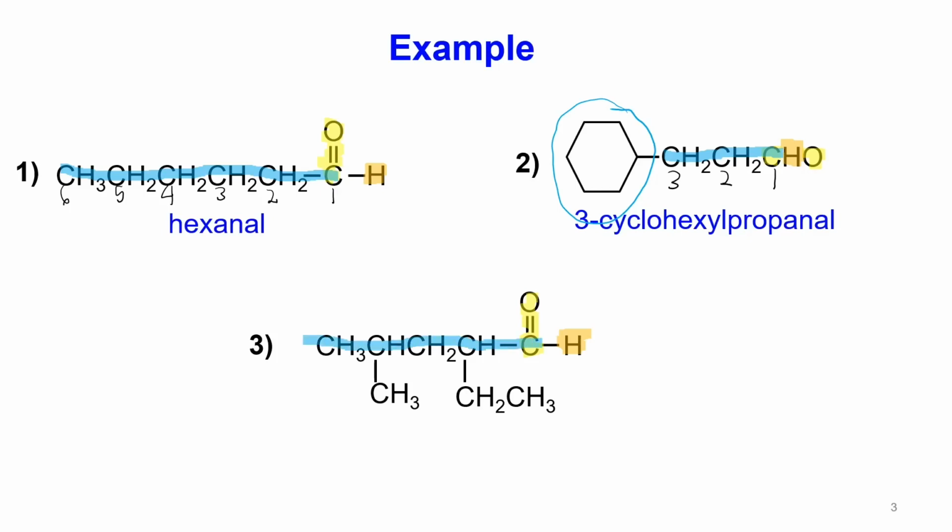Carbon number 1 should start from the carbon double bond O, then carbon number 2, 3, 4, and 5. At carbon number 2 of the parent chain, it has an ethyl group as a substituent group.